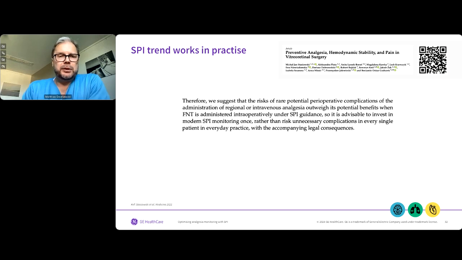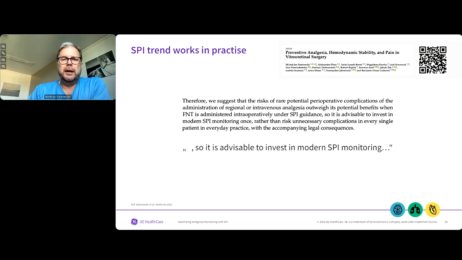Another study, published 3 years ago by a Polish group, compared the guidance during eye surgery in comparison to blocks, so retrobulbar blocks, and they suggested that the dosing of fentanyl using SPI guidance was so sufficient that in the future they would not use the block technique anymore.